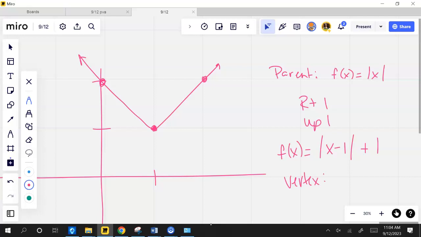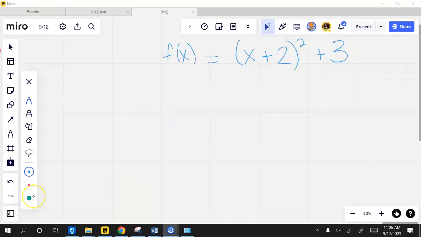It would have been plus. What's the vertex of this absolute value? 1, 1. Look, what do you notice? That's how we were graphing it before, right? We were pulling that HK out.